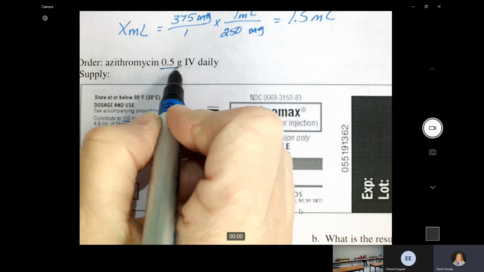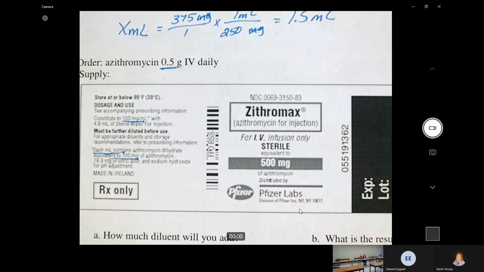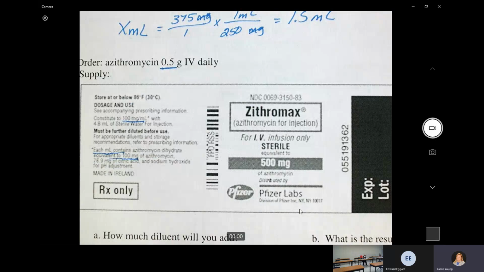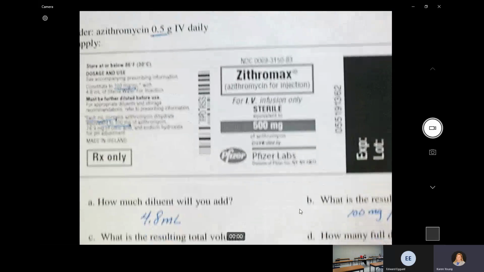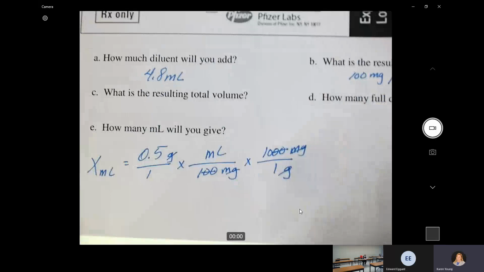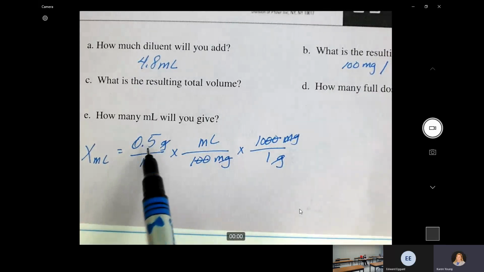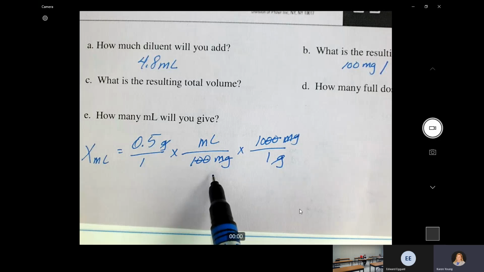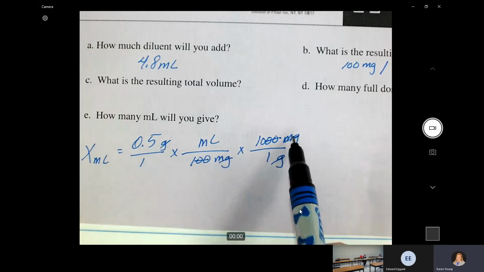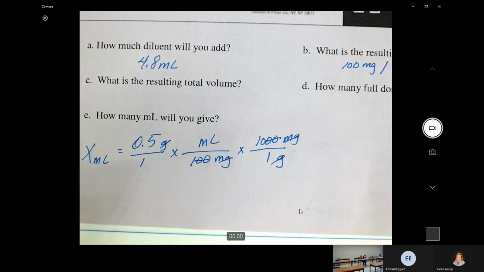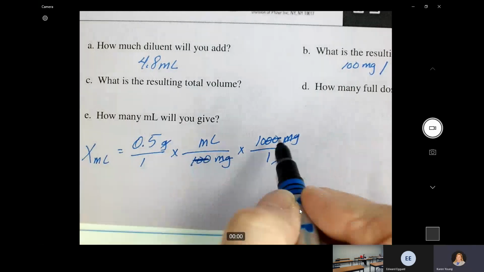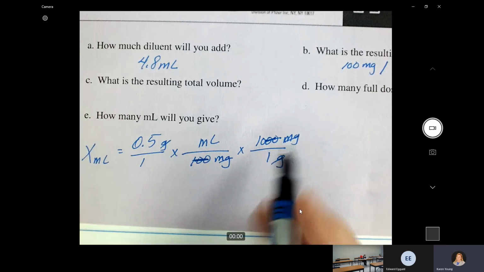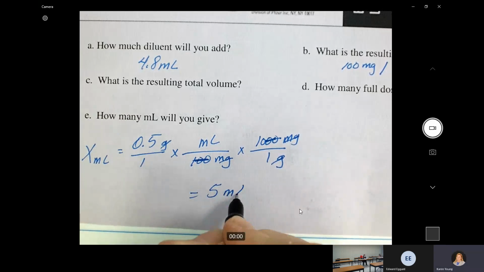You're going to use the 0.5 grams, right? Am I going to use the 500 milligrams, or am I going to use the 100 milligrams per milliliter? So I've got the 0.5 grams, 1 milliliter over 100 milligrams, and since I got grams and milligrams, I did my conversion. Now I've got 2 zeros on bottom, so I canceled 2 zeros on top. 0.5 times 10 is the 5 milliliters.